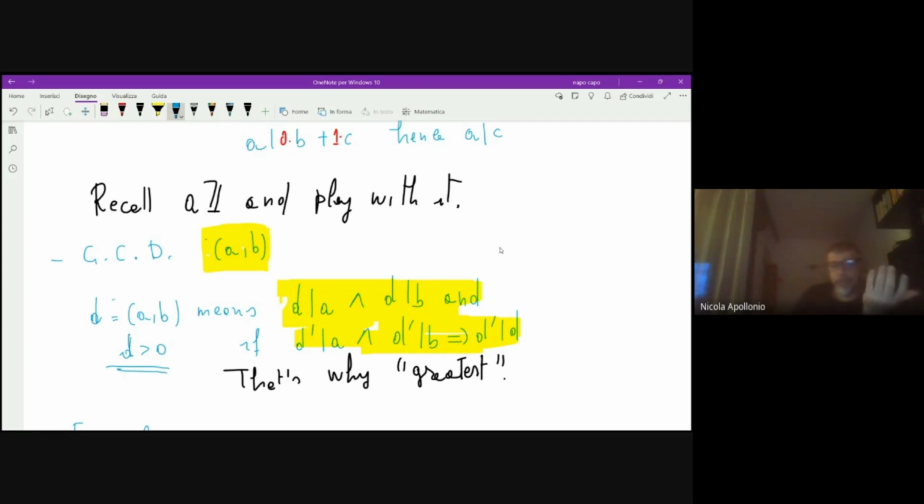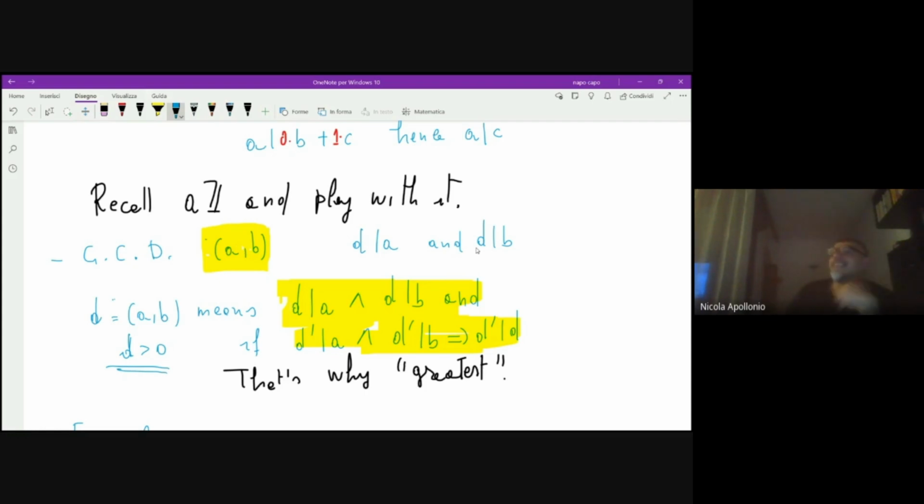We know what a common divisor is. A common divisor of A and B is any number which divides both A and B. Let me call it D, just to be more mnemonic. This is a common divisor.